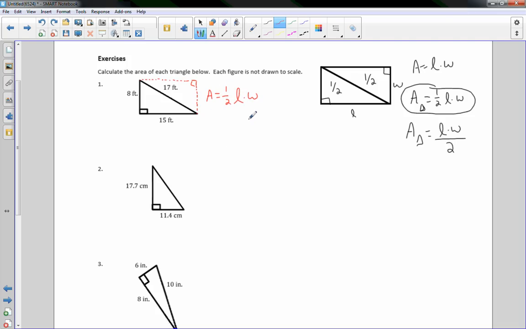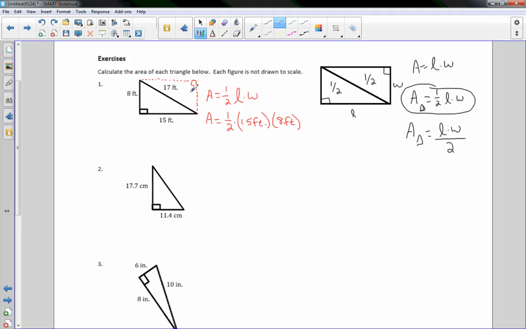Step 1, as you saw in Lesson 1, and I'm going to really stress every time we do this, is that you write the formula. Step 2, substitute in the given information. The length is 15 feet. The width is 8 feet.